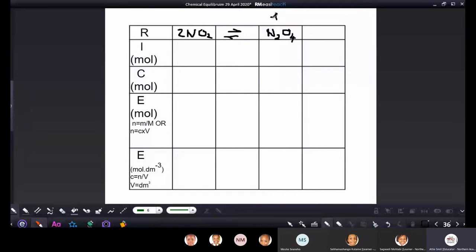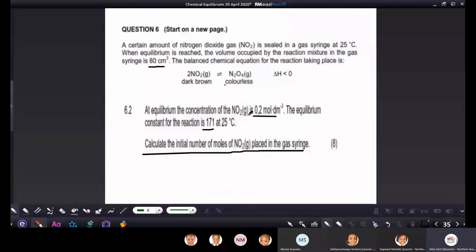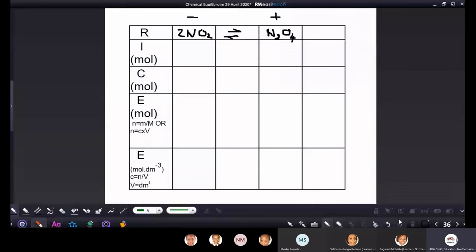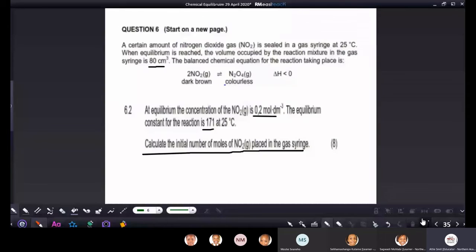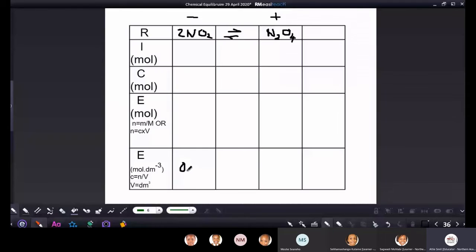So this is plus, this is minus. Now let's read again what we have. At equilibrium, we have 0.2 moles per cubic decimeter, and it is for NO2. So we start here, 0.2. That is the concentration we have.